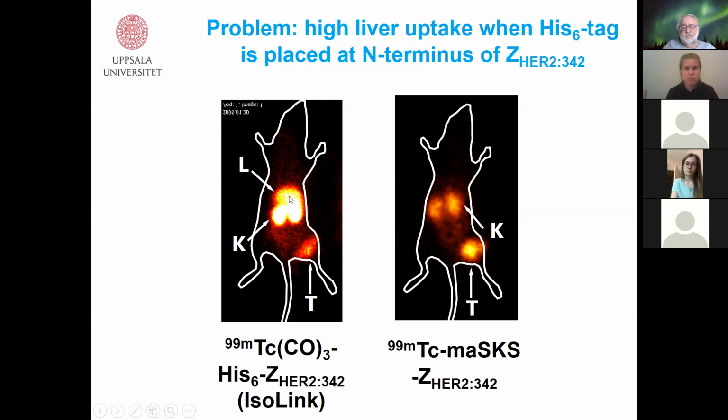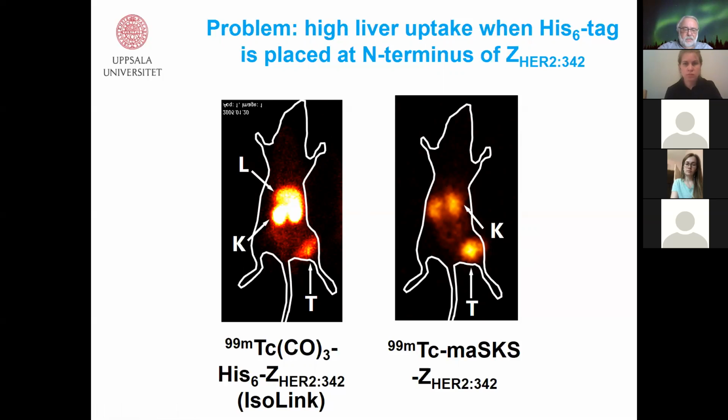And since liver is a major metastatic site for nearly every cancer, that means that we could not visualize liver metastases, so the value of such a tracer would be equal to 0. But we know that it's not a problem of affibody molecules, because with other more appropriate chelators, we could visualize tumor but not liver. So our problem was apparently in the presence of the hexahistidine tag.